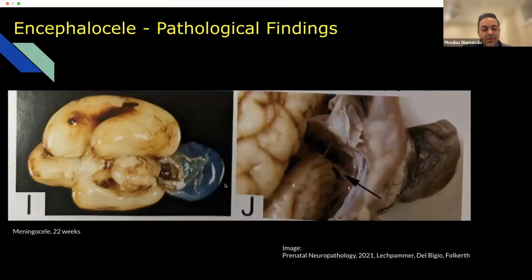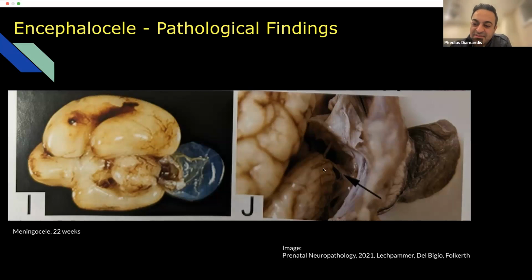This is an example of a meningocele, so it looks very different, doesn't have that pinkish, whitish appearance on gross exam that we saw with the other ones, because it's mainly formed with meninges and spinal fluid, so there's no brain tissue in these.